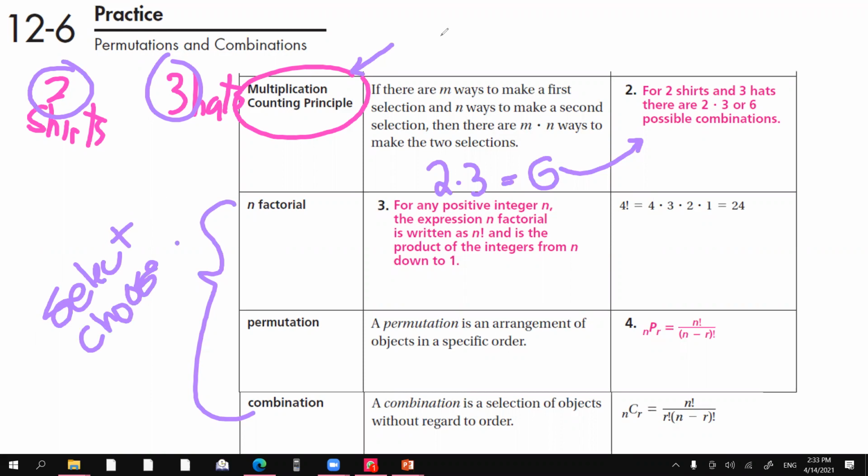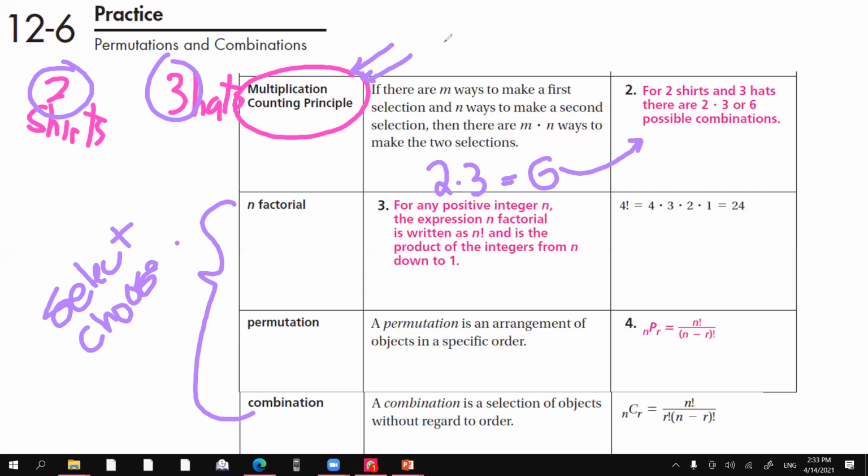Now, if you have 6 books in your drawer and you want to read all of them, and I ask how many ways you can choose all of them: remember, if I give you a shirt with a hat, it means the counting principle method. But here I am talking only about books.